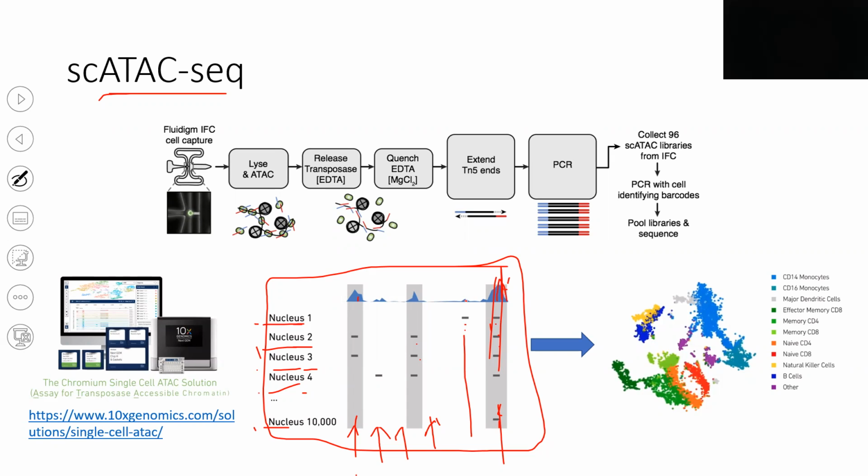So you can use this as information to reconstruct the cell population profiles, and also those peaks can help you to identify the cell types.